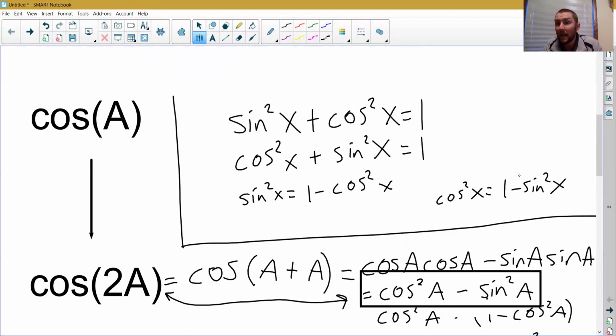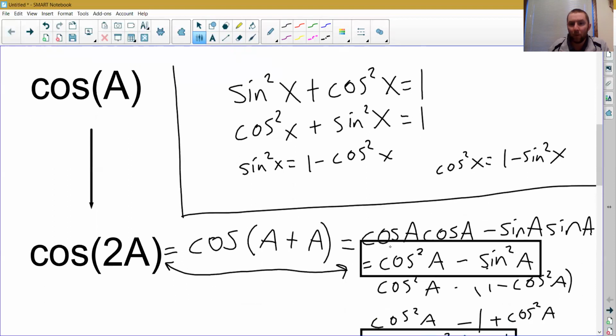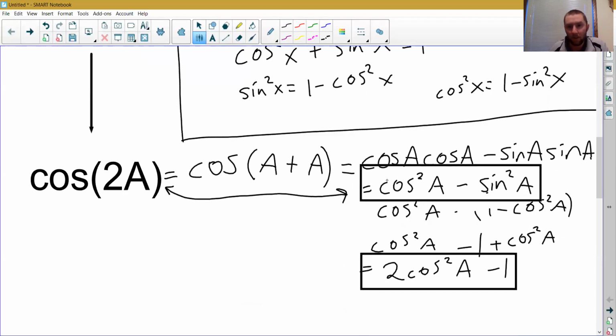If I use that idea and replace the cosine squared A, what I end up with is the following. Instead of cosine squared, I put 1 minus sine squared, which is what we just decided this was equal to up here, and then it says minus sine squared.